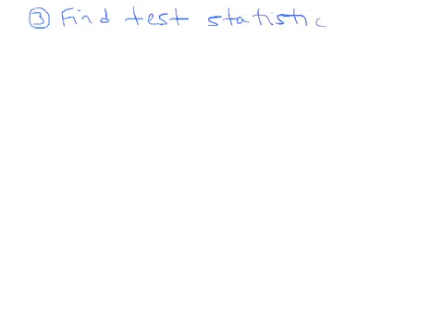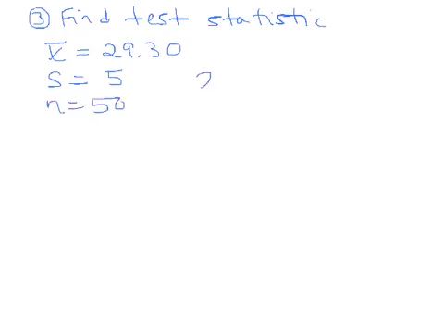Alright, so we were given that the actual mean came out to be 29.30, and we were given that s for the sample came out to be 5, and it was a sample of 50. So let's convert this into a z-score. So that would be 29.30, subtract off what we're testing it against, which is 27.50.